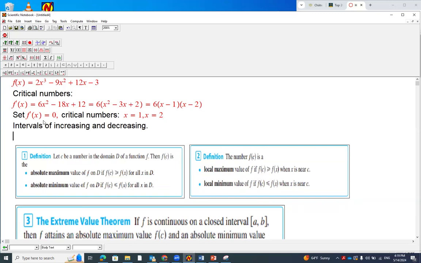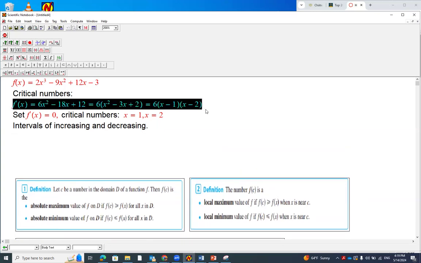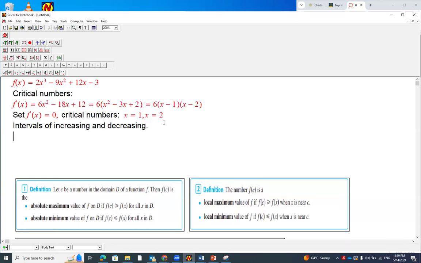So now we know that the derivative changes sign, and there are 2 critical numbers. We also know that this is a parabola, from our algebra experience.